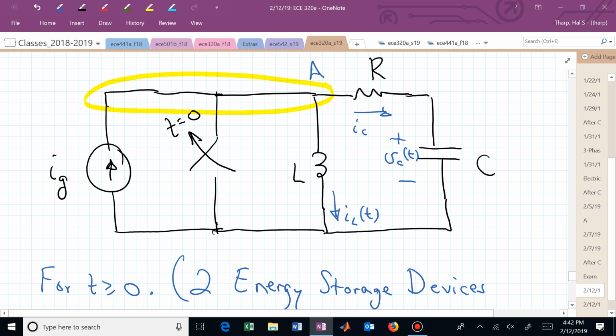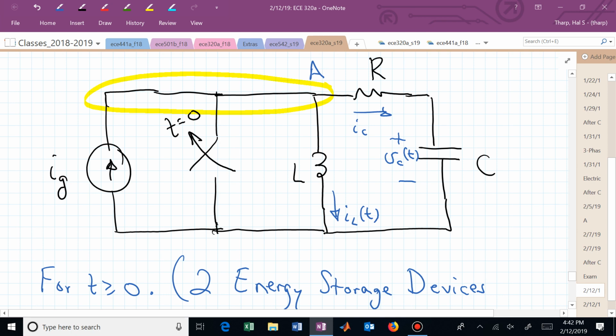It tells us the current voltage relationship of the inductor. And what does the voltage of the inductor give us? That actually gives us the voltage at A, does it not? And that's typically what we like to think of when we're writing KCL equations, is maybe a voltage at that node.